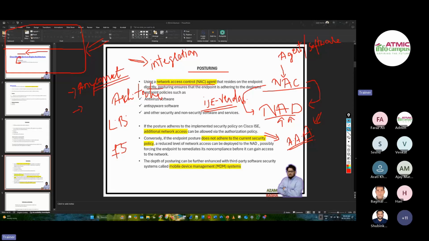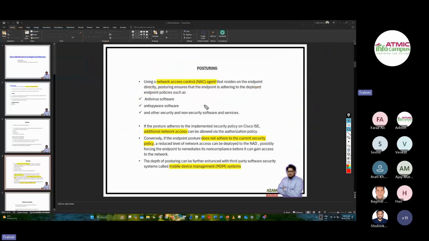Coming back, Cisco AnyConnect is one of them. Apart from that, you can also use antivirus software, anti-spy software, any other security or non-security software and services as a NAC agent. You can take away this point today.